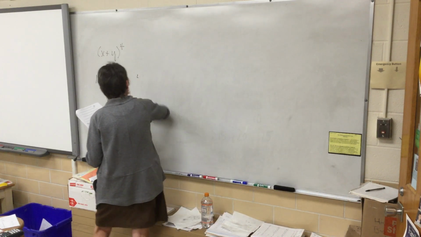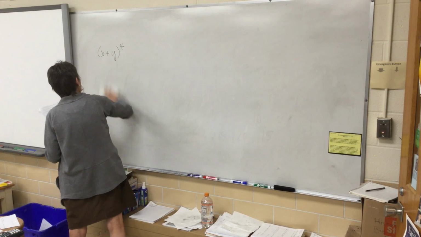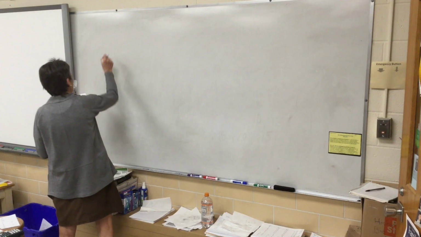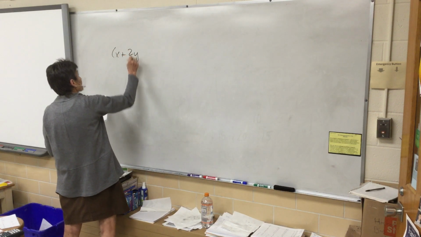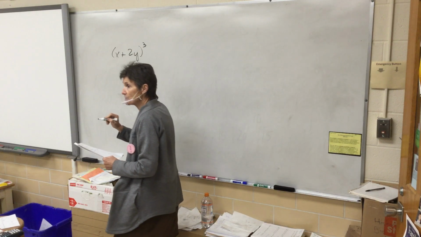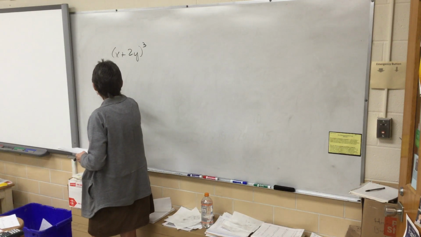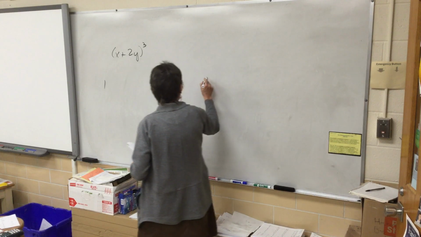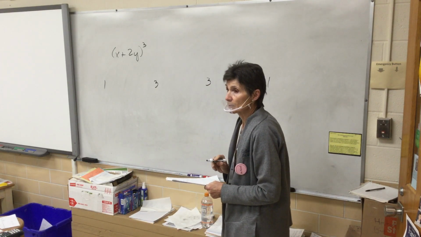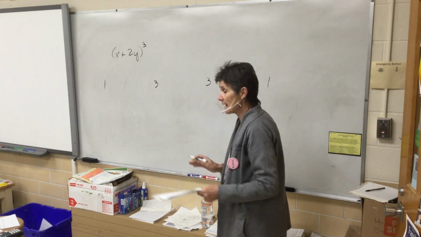How do I start? Who can remember what I do to get started if I am going to find x plus 2y to the 3rd? Go to the 3rd row of the Pascal triangle and write down the coefficients. So you've got your triangle there. I've used the 3rd row a lot, so I know it's 1, 3, 3, 1. All right, what's the next step?